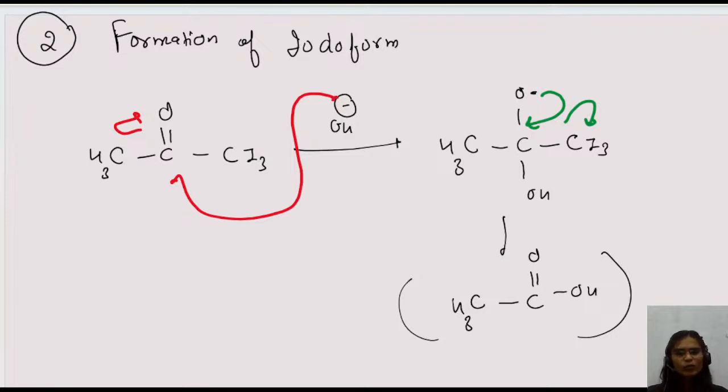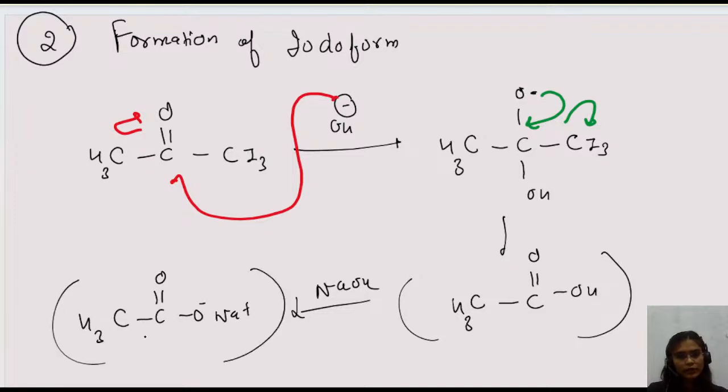Although in the solution you will be having NaOH, so there's a formation of the salt that takes place. Most of the time you end up with the O negative and an Na there, the sodium salt, the simple carboxylic acid salt. So how do we end up with the salt?